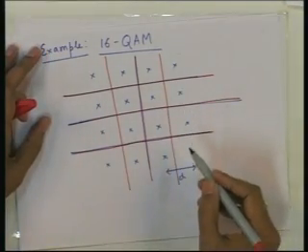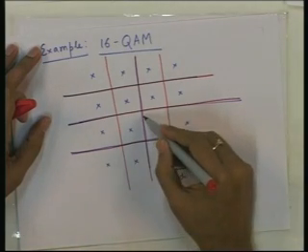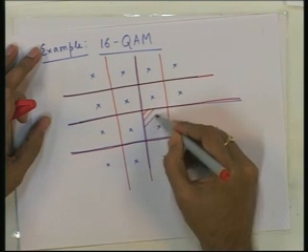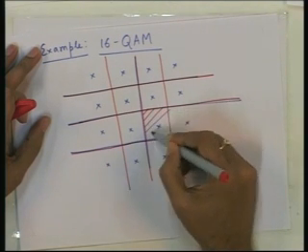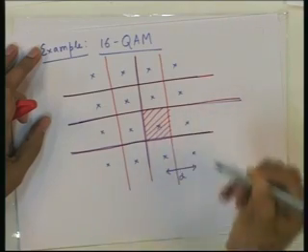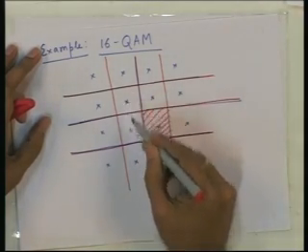Okay, so what shapes of decision regions have we got? We have got one closed rectangular decision region. We have 4 such points for which the decision region has this shape: this point, this point, this point, and this point.